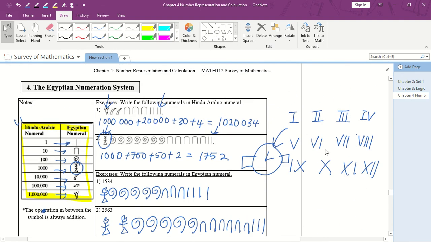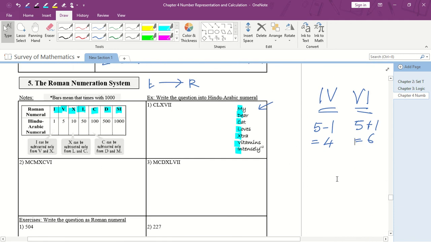5, 6. Okay, so from here, I believe that you understand that we need to always write from the biggest to the lowest, except when you want to indicate a number that should be written by subtraction. That's when you need to minus to get the number. For example, for 4, you might think you can just write 1, 2, 3, 4, just like the Egyptian numeration system.